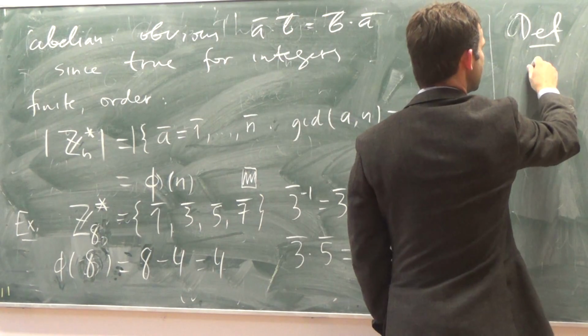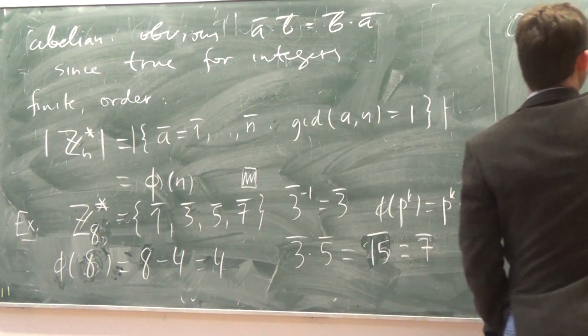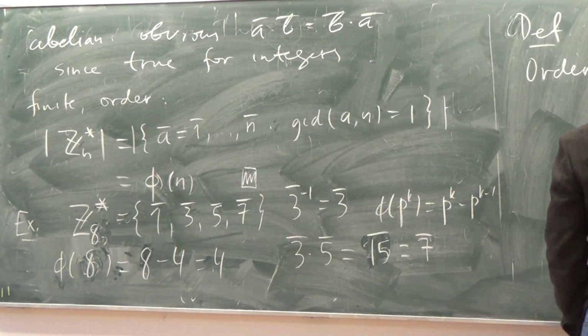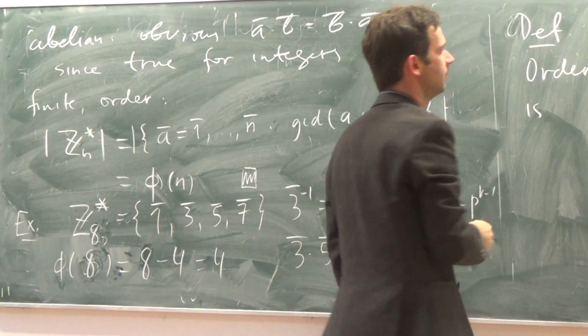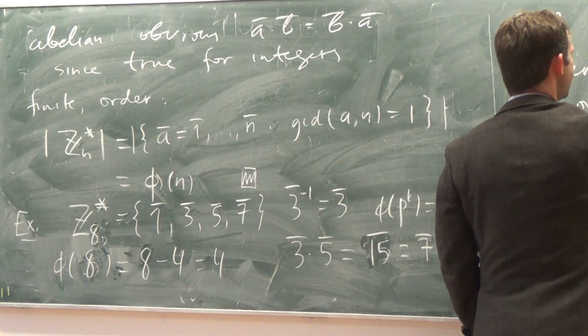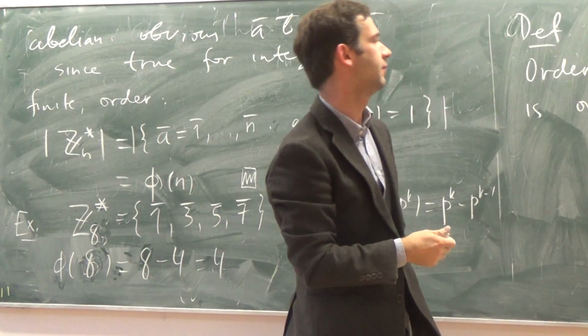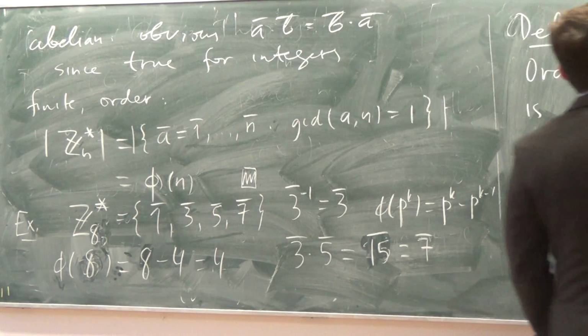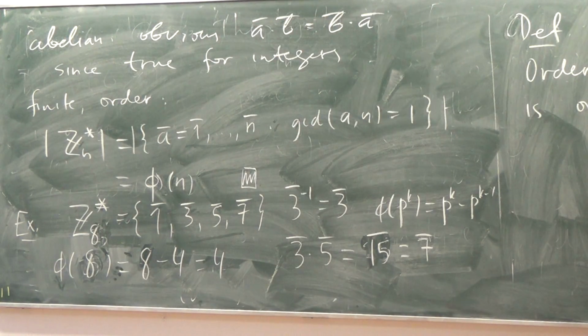So the definition is this: the order of an element. We write order of g, and we specify where we take it if it's not clear. That's the minimum positive k such that g to the k is the neutral element.